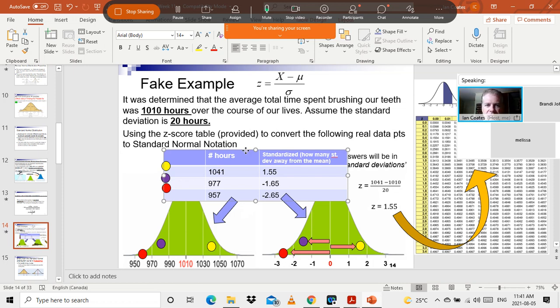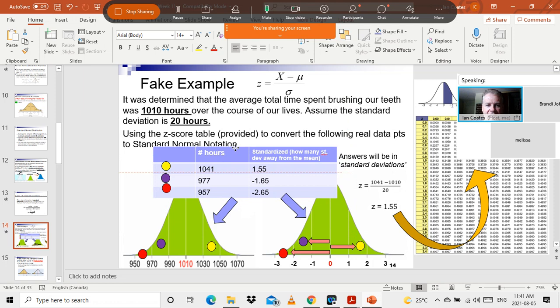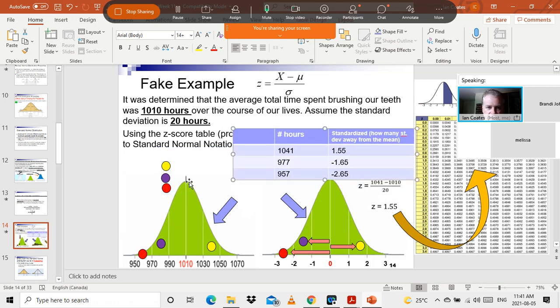Okay, so here is our graph. It just happens to look exactly the same as the oranges eaten. There is the average amount of hours utilized to brush our teeth. Standard deviation of 20 hours, 20 hours, 20 hours. And look, negative takes us down to 990.